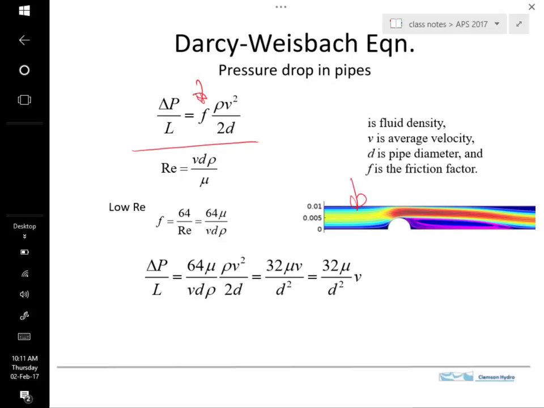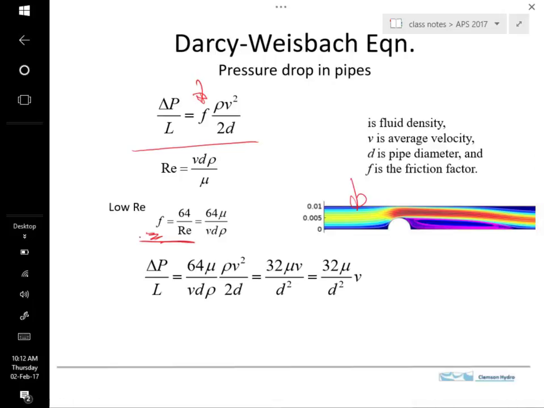This was done with a series of experiments, and what they found is that at low Reynolds numbers, this friction factor is equal to 64 divided by the Reynolds number.